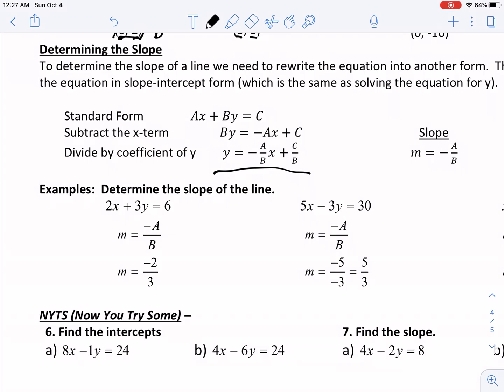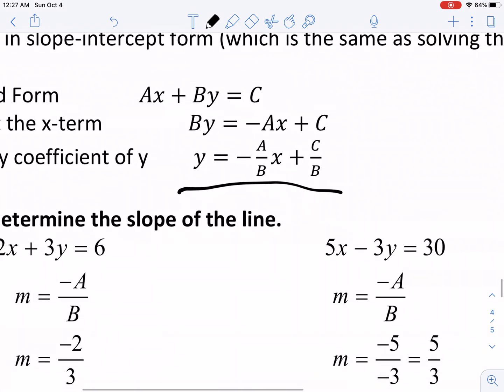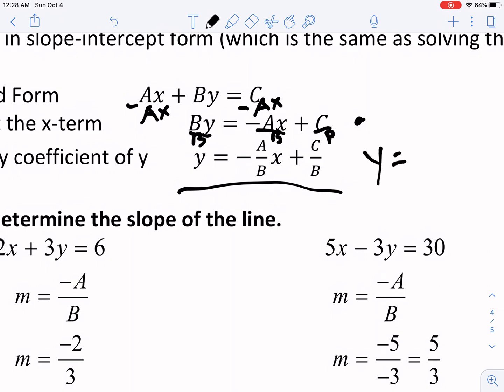Now, what they say here is, notice I can rearrange this so that we can get y by itself. I can subtract ax from both sides to get to here. And then if I divide everything by b, I get to here. Well, what they're trying to connect here, guys, just to simplify this as best as we can, is to show you that this and this are basically the same thing.